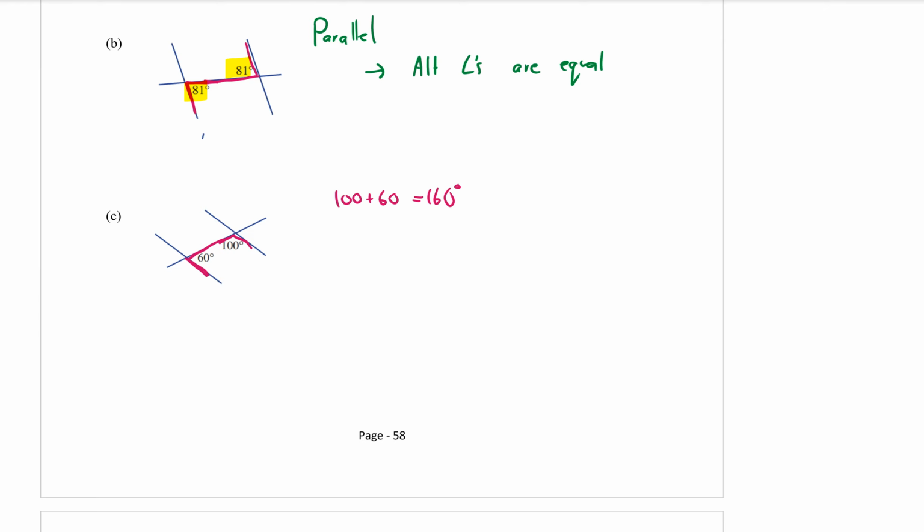So it means that they are not parallel. So, not parallel because the co-interior angles do not add to 180 degrees as they should.